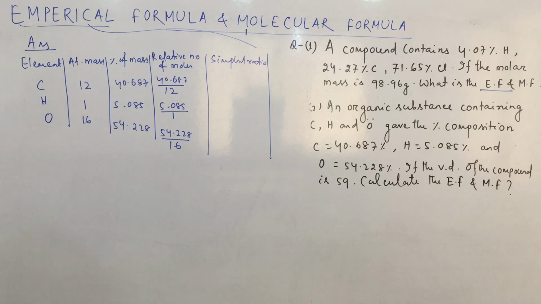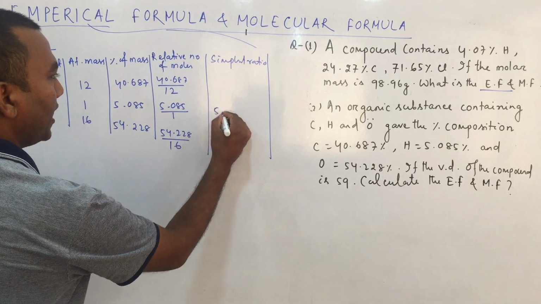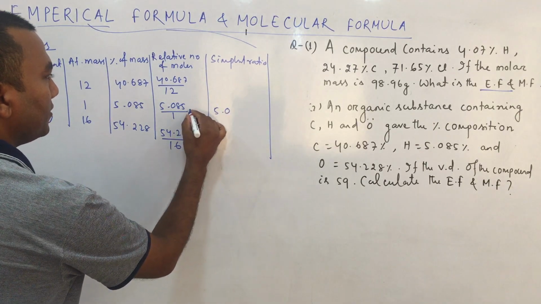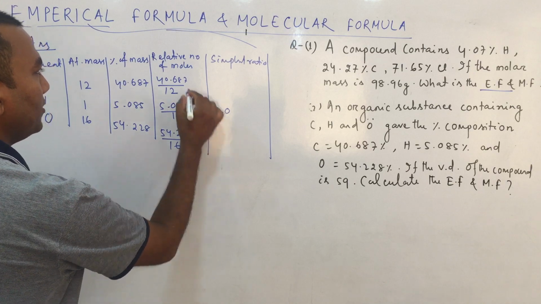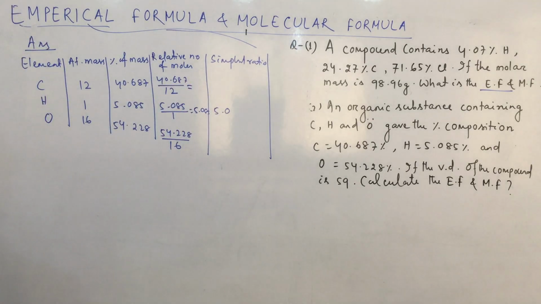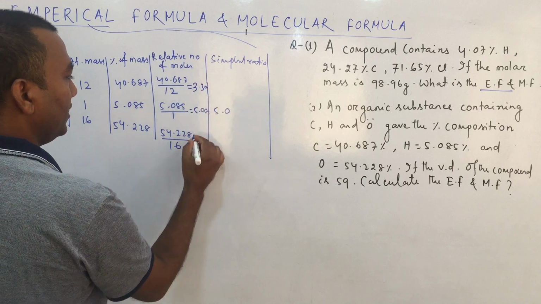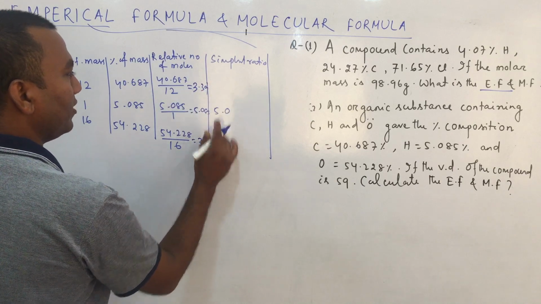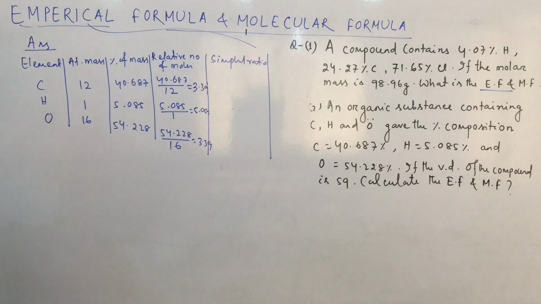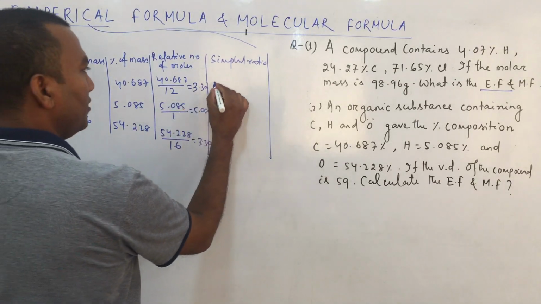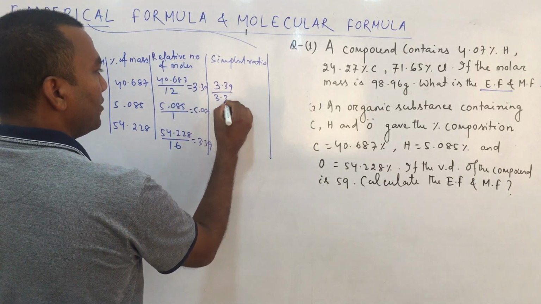In this question, 5.085 is around 5, and 40.687 by 12 is around 3.39. Not 2, 3.39. The oxygen is also around 3.39. So which one is lowest? This is. So divide.